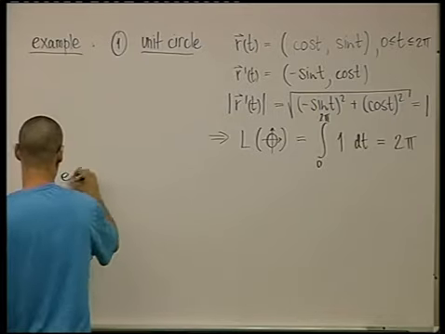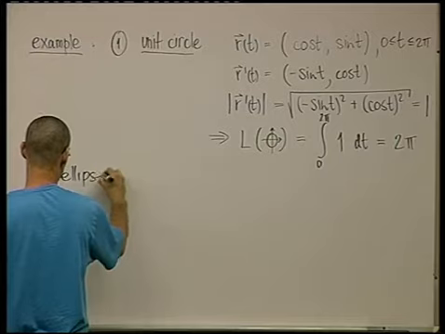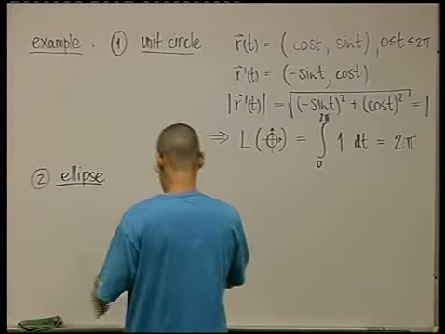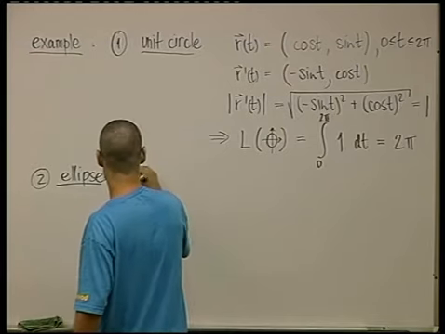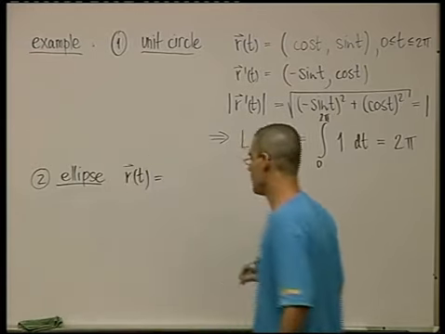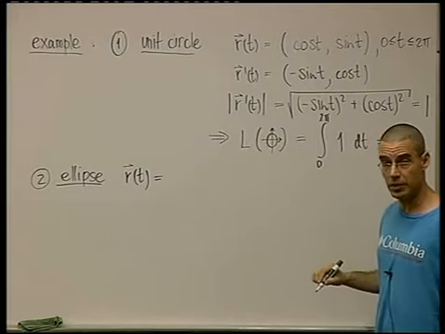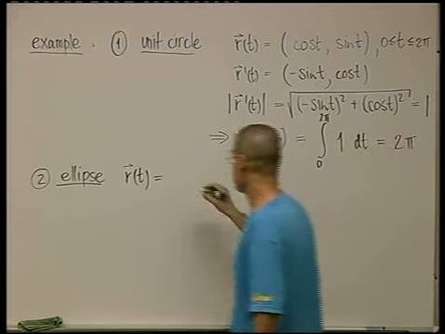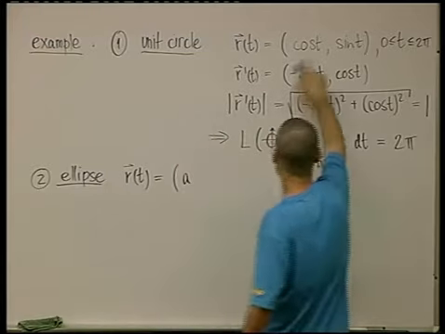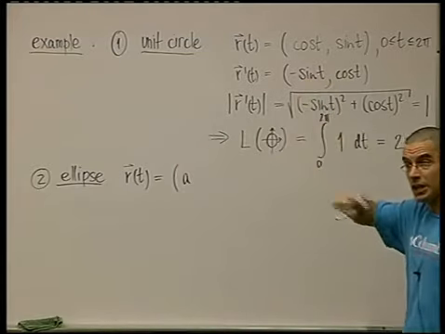Let's look at an ellipse. So suppose our ellipse is, how do we parameterize an ellipse? I assume you saw some examples like this in your homework, but if not, a way of parameterizing an ellipse is just introducing the a and the b.